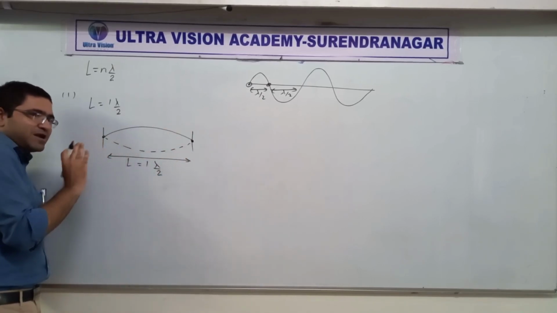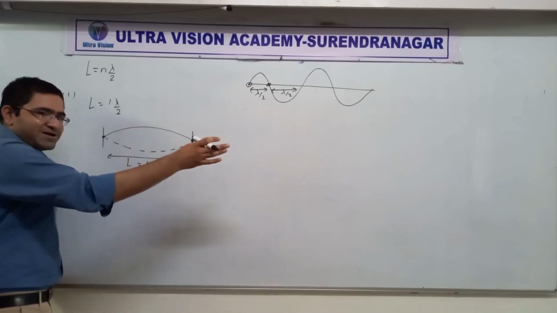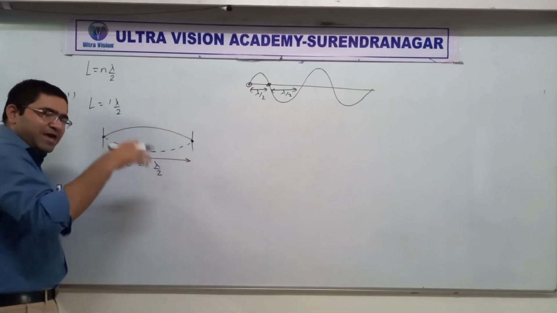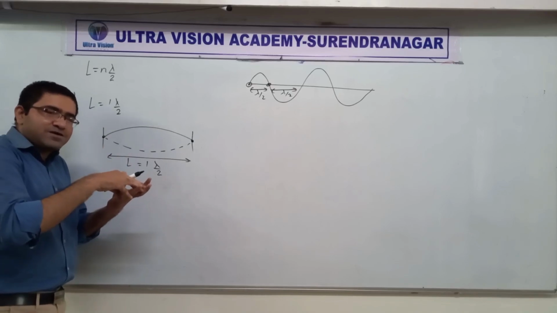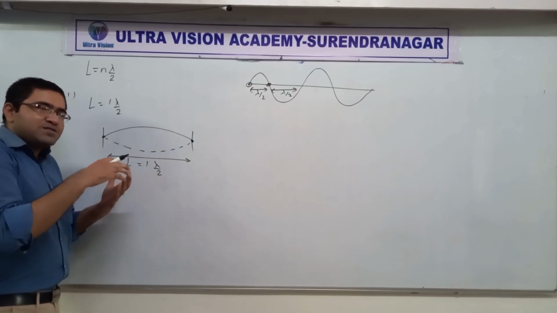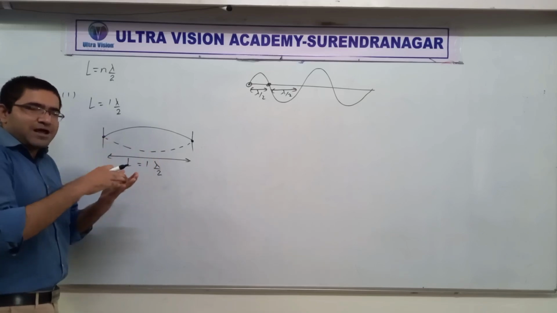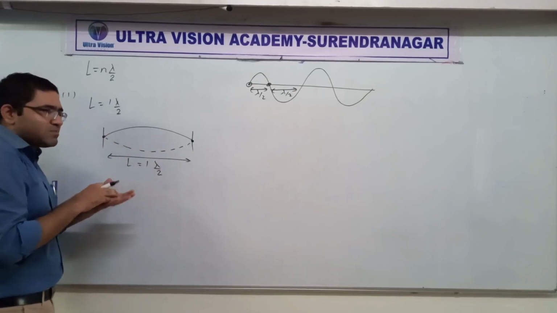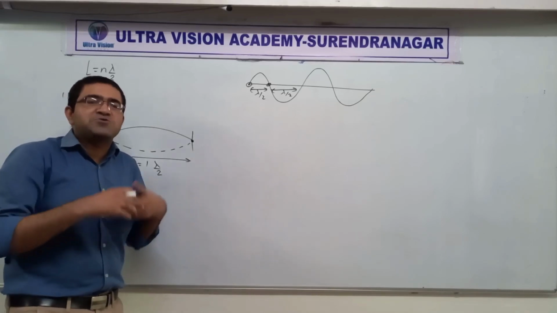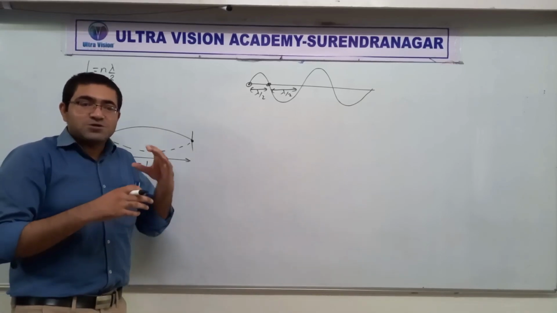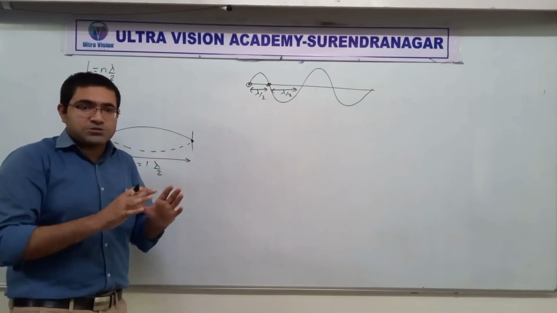By the time it is ready to reflect and go back again, the source produces a second wave. Both waves add, and you get more amplitude. The same thing is repeated a third time, so you get even more amplitude. But because of damping, we have loss of energy.